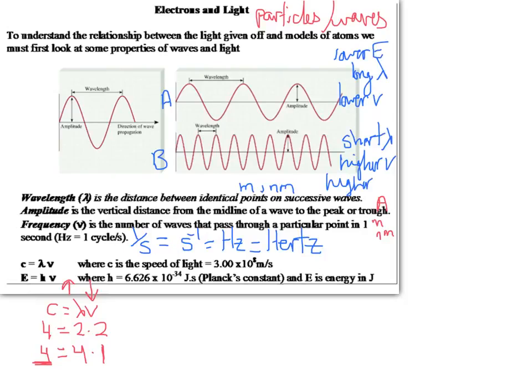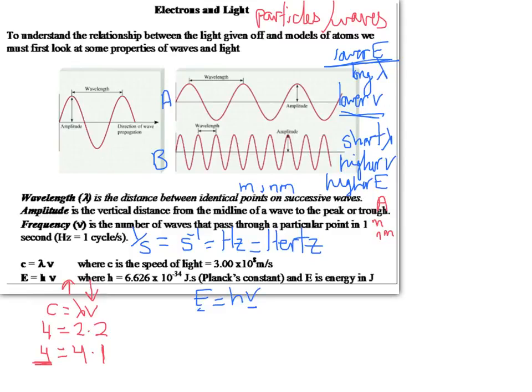Now, if that doesn't make any sense to you, if you can't visualize that, or you just don't like it, then just look at the equation E equals h nu. So if you look at the relationship between energy and frequency, if you look at your waves, A and B, we said this is lower frequency, so this is lower energy, so it's a direct relationship. Let's prove that here.